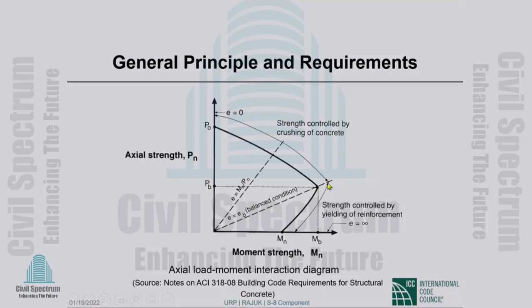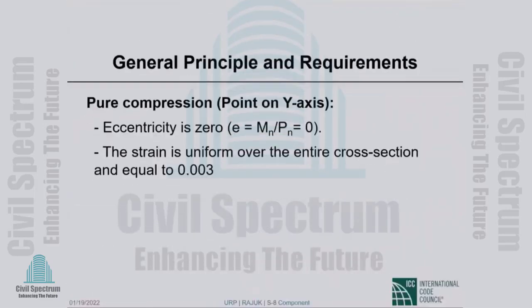Obviously, in this part of the interaction diagram, strength is controlled by yielding of the reinforcement. This is, if you like, tension control behavior, although it is much more precisely defined in the code. And in this part, above the balanced axial load, strength is controlled by crushing of the concrete rather than yielding of the reinforcement.